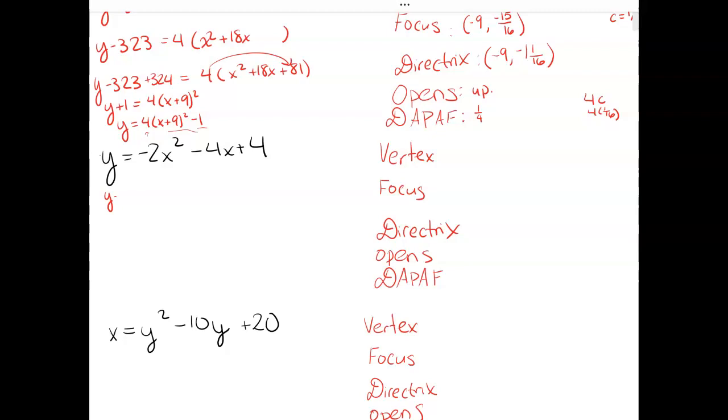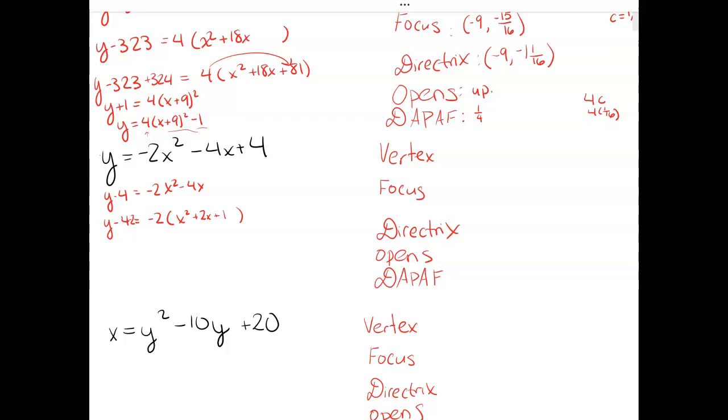So I'm going to have Y minus 4 is equal to -2 x squared minus 4x, and I again want a 1 out in front of my term that's squared, so I'm going to get y minus 4 is equal to -2 times whatever is left, which is just going to be x squared plus 2x. Complete the square. I want to add 1, but I'm actually adding -2.